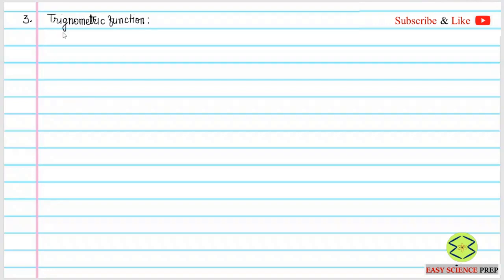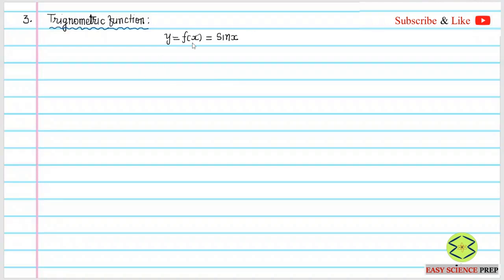For example, we can take the trigonometric function y equals f of x as sine of x. We can also take cosine of x. The same procedure can be followed.